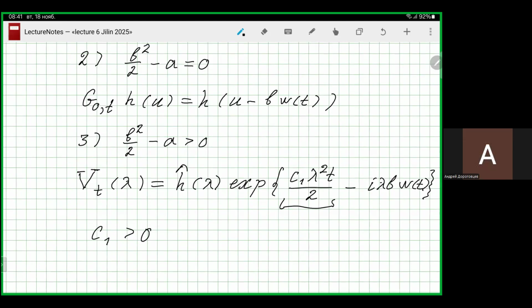And maybe you have to understand that this is not a Fourier transform now of a good kernel.